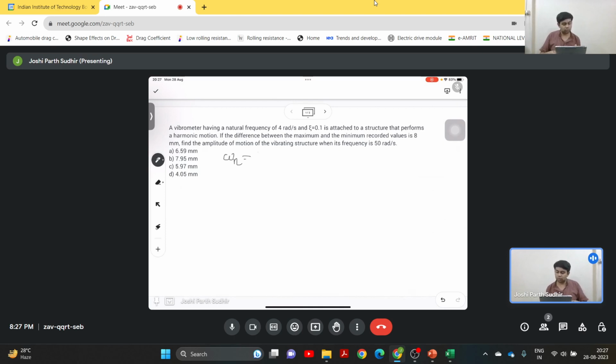If the difference between the maximum and minimum recorded values is 8 mm, when omega is 50 radians per second, we have to find out what is the amplitude of the vibrating structure.